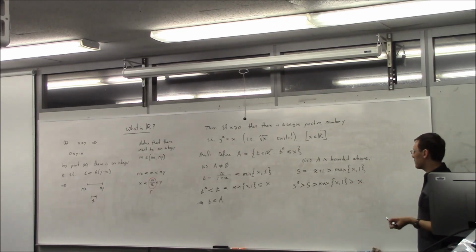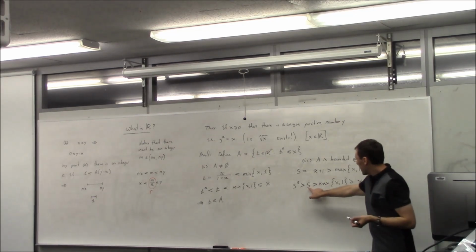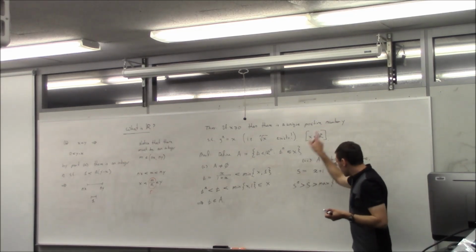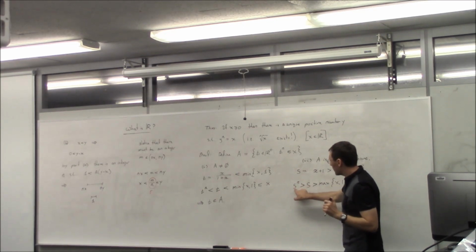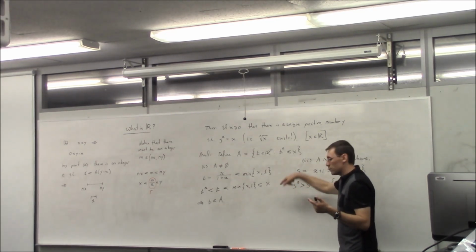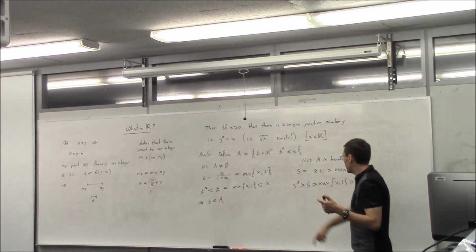So s is an upper bound. You see? Basically, because it's an ordered field, if you take anything bigger than s, you take it to the nth power, it's going to be bigger than this result.